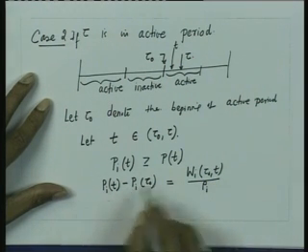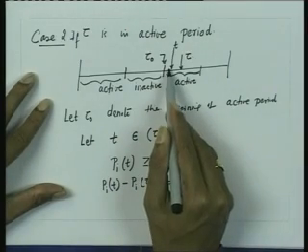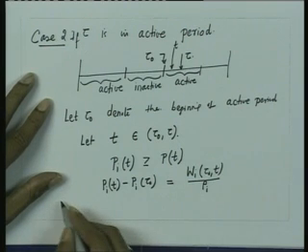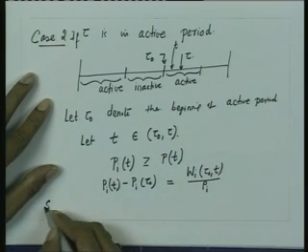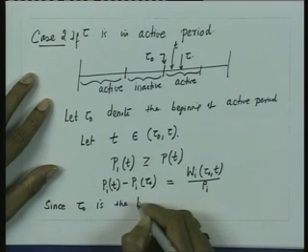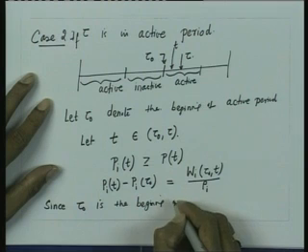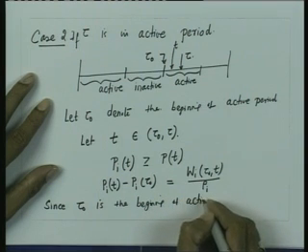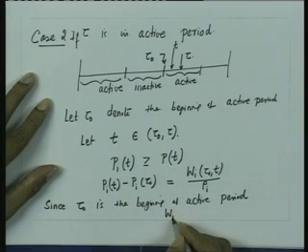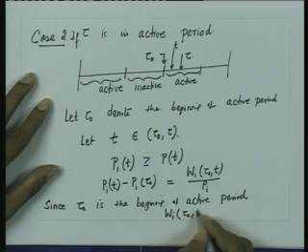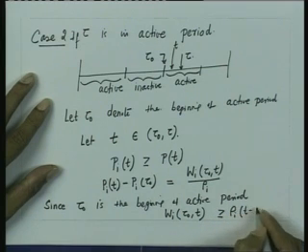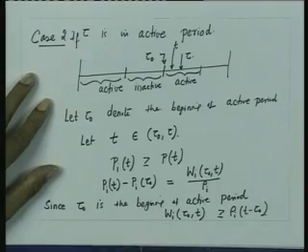Since tau naught is the beginning of an active period, it also means that Wi(tau naught, t) should be greater than or equal to rho i into (t minus tau naught).